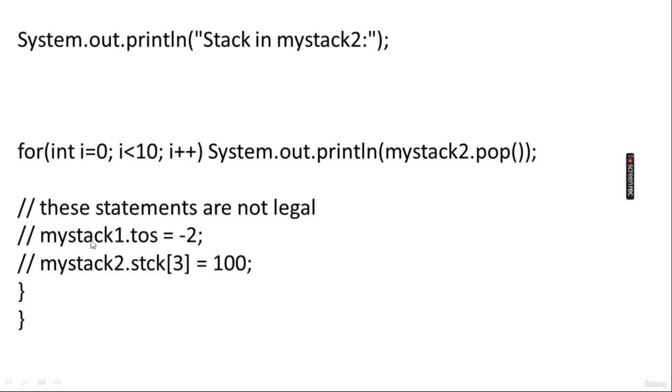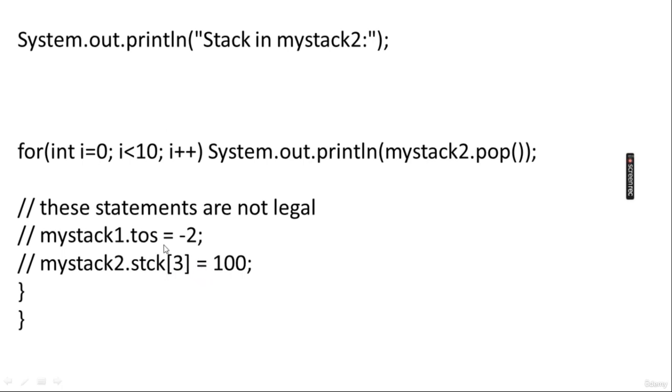Now, myStack1, that is the object of stack, dot top of stack is equal to -2. I cannot write it like this. Why? Because top of stack is private. Also, I cannot write it like this: myStack2 dot stack of 3 is equal to 100. I cannot alter the value of the fourth element to 100.